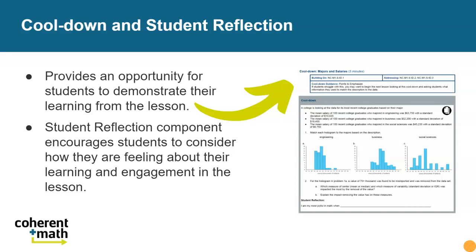The cool down is one of the rare occasions that this curriculum gives us the opportunity to understand individually what students learned in that lesson. With so much collaboration with all the activities and the warm-ups, the cool down gives an opportunity to see what the student can do on their own and how well they individually met the learning target.